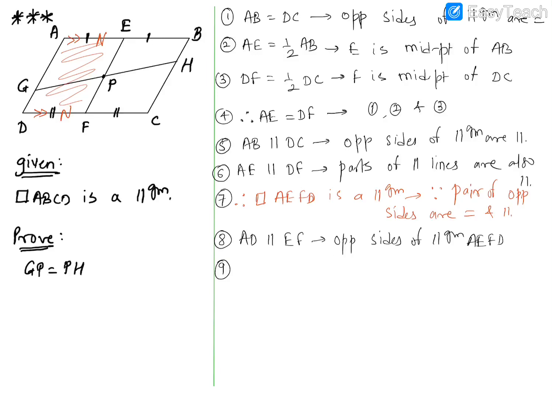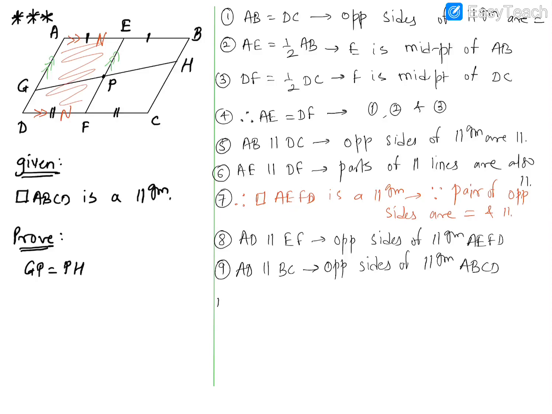We proved that this line is parallel to this line. Also, AD is parallel to BC. What will be the reason? Again, opposite sides of parallelogram ABCD.